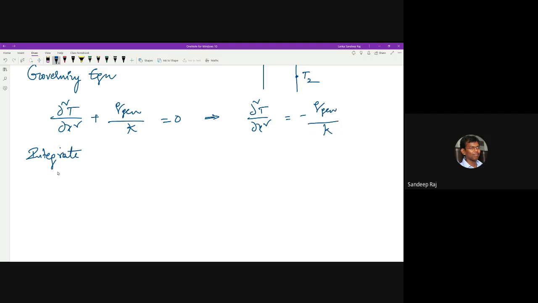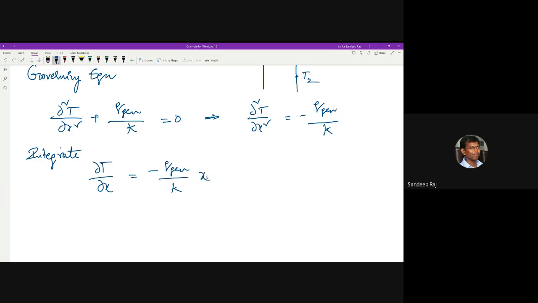When I integrate, the integration of dou square T by dou x square is dou T by dou x. On the other side, I have integral dx, so I'll get Qgen by K into x.